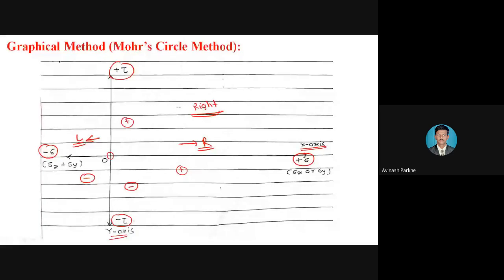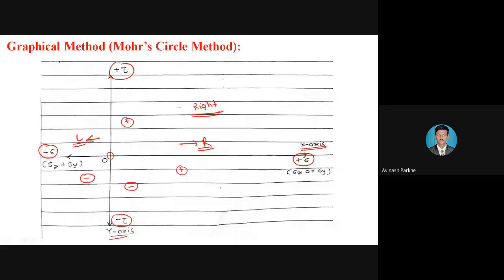Therefore, please keep in mind, through this simple figure, sigma x and sigma y are represented on the horizontal axis or x-axis, and the shear stress tau is represented on the vertical axis or y-axis. Accordingly, if sigma x and sigma y both are positive, represent them at the right side of the origin.